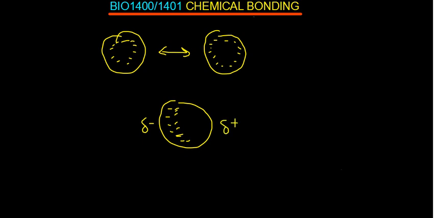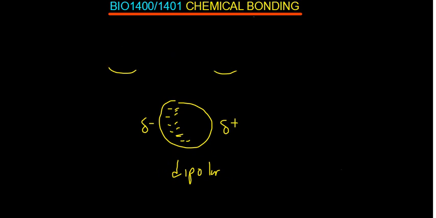So it starts looking as if it's a dipolar molecule. And when you react this dipolar molecule with a polar molecule, they are going to be able to interact. So it can attract other substances because it is now charged because it has induced forces.